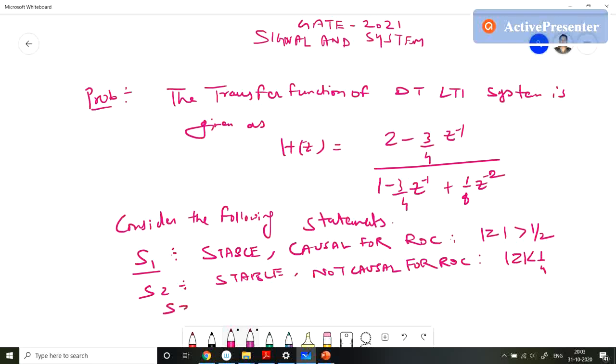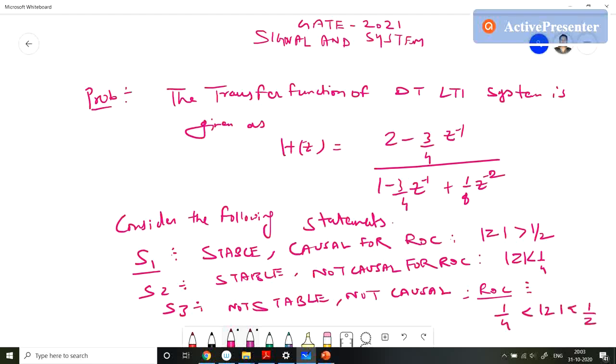And third: the system is not causal and not stable, and the ROC is 1/4 less than modulus of z less than 1/2.